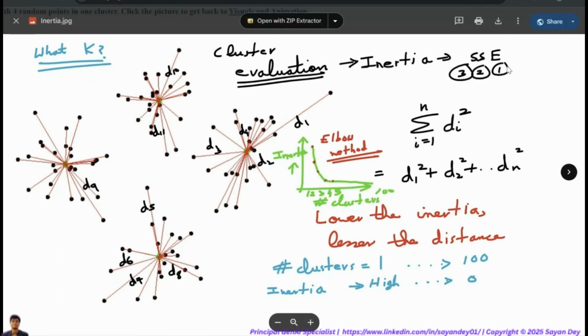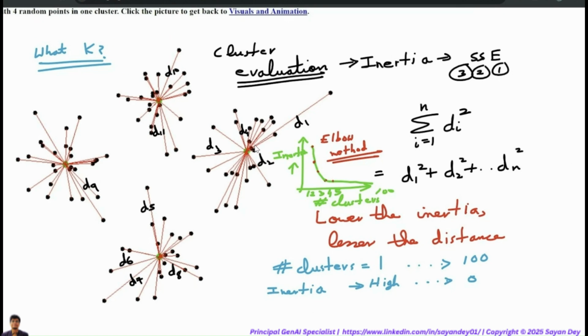So first you calculate the error, then you square the error, and then you find out the sum of the square errors. Error is nothing but the distance of the point from the centroids. So we take each and every data point and we find out how far it is from the centroid. That is the error. Then we square the errors, and then we find the sum of the square errors, SSE.